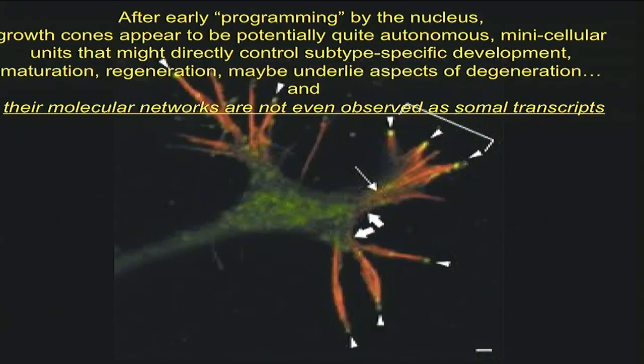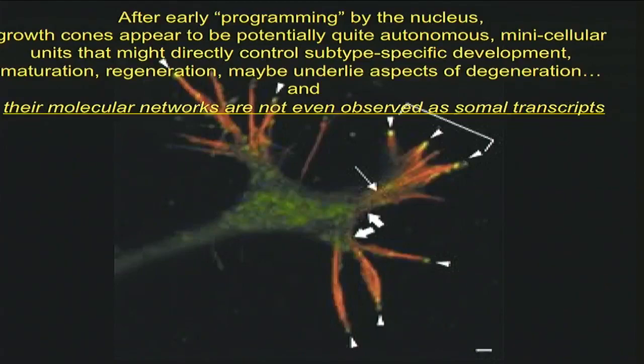So after early programming by the nucleus, growth cones appear to potentially be quite autonomous minicellular units that might directly control subtype-specific development, maturation, interaction with that interactome, I think regeneration, and maybe underlie aspects of degeneration by early vulnerability and the fact that growth cones turn into synapses, and those are what frequently falls apart in degeneration.